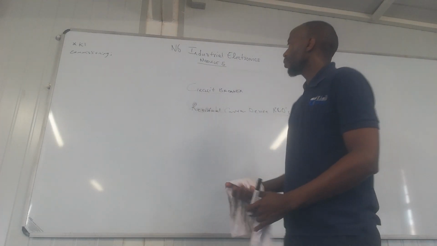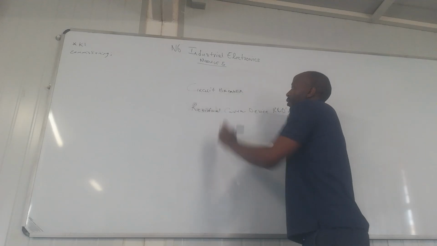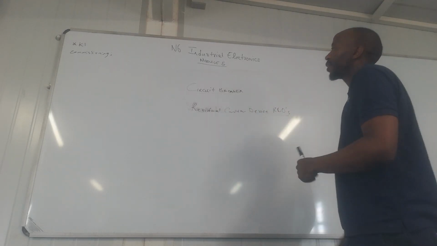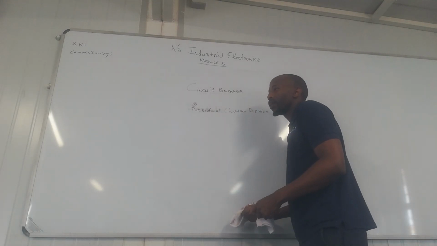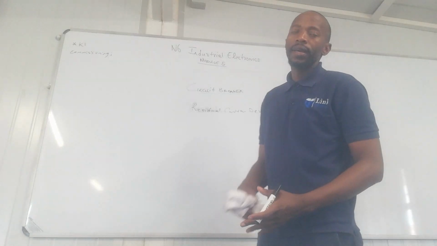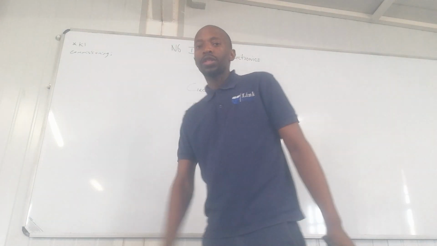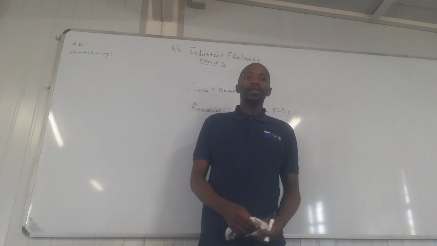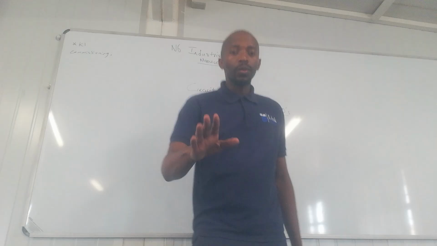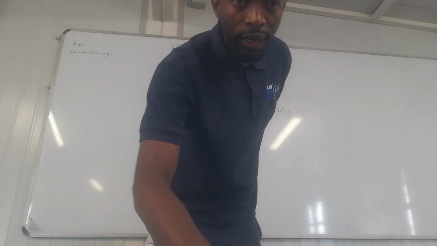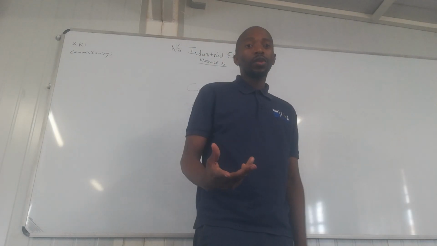Now, where do we find these circuit breakers? We find circuit breakers in our homes. For example, when you connect a toaster and the toaster is faulty, when you touch it, it will electrocute you.